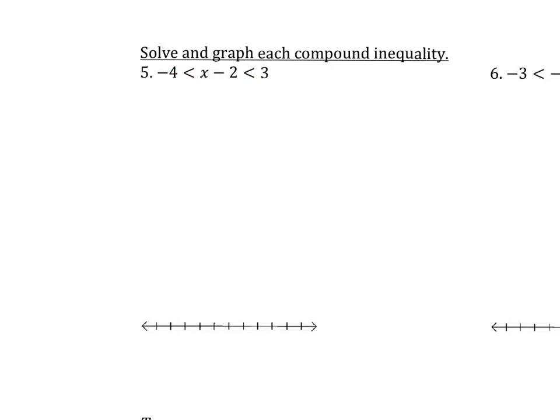So I write those two inequalities out. So we have -4 is smaller than x minus 2, and that same x minus 2 is smaller than 3. You can see the entire middle goes with both of those inequalities.